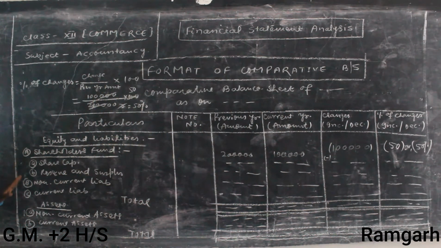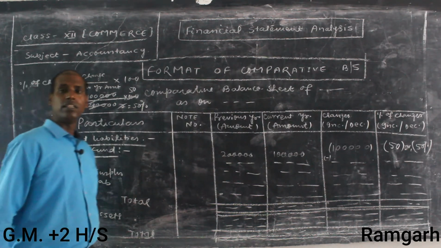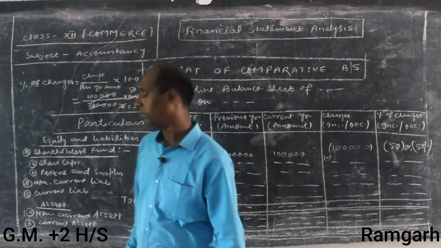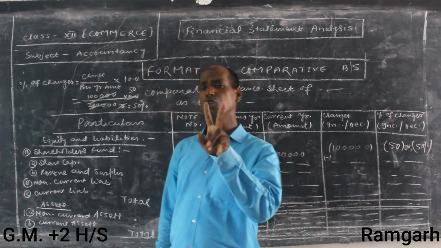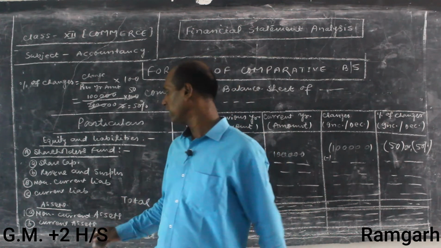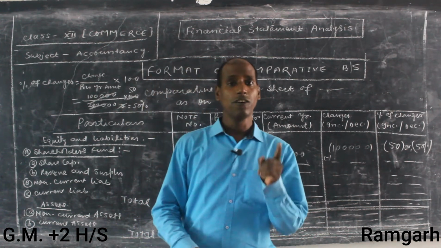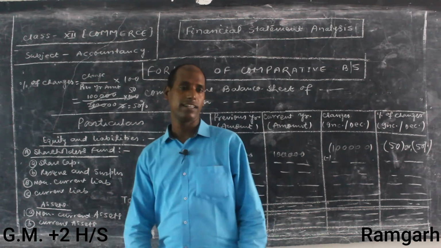Thereafter, after completion of the equity and liabilities side, we have to start the second part of the balance sheet, which is assets. Assets have 2 headings: non-current assets and current assets.